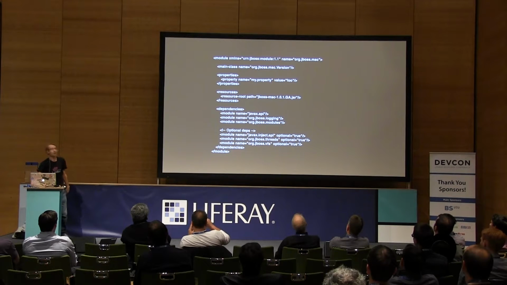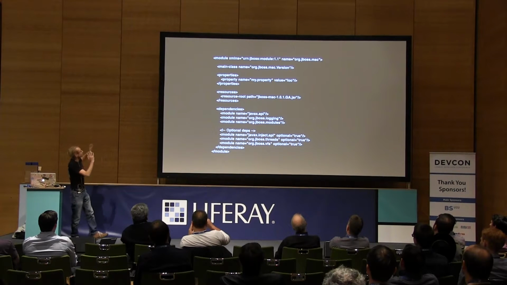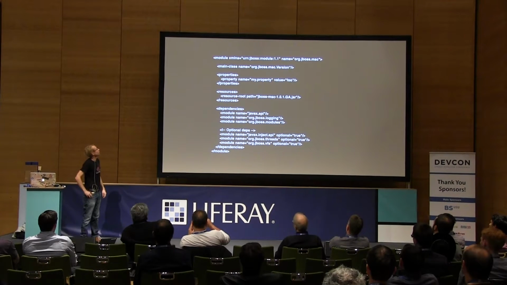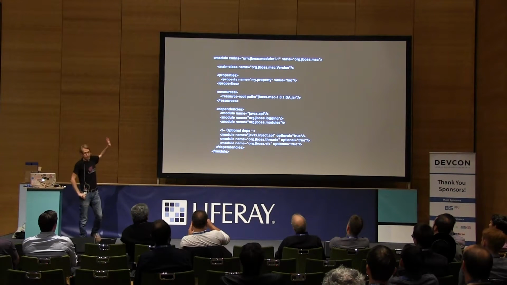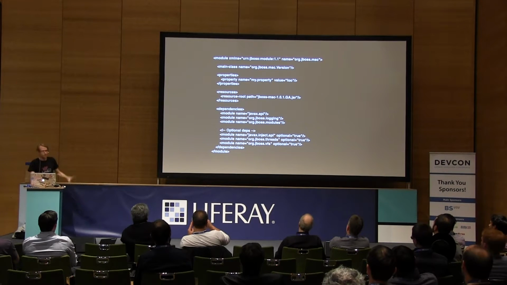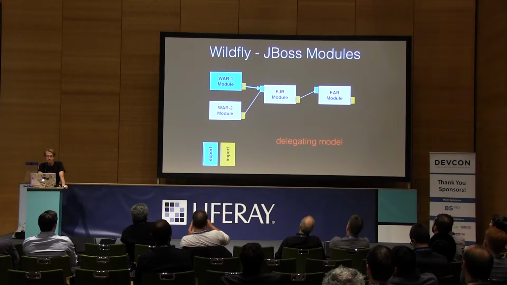If you know about OSGi, here is the way you're expressing your dependencies, how you define your modules in the JBoss WildFly module system. It's much, much simpler to do it in the manifest in OSGi. So now let's look at the delegating model, how classes are loaded.